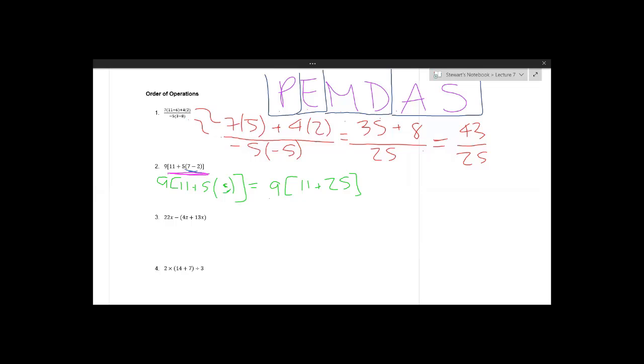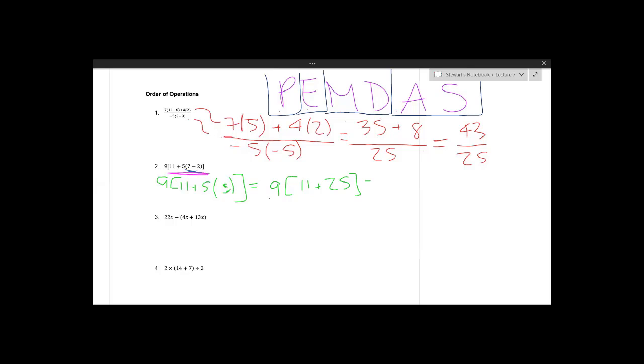We're evaluating what's inside parentheses before we multiply it to the 9. But also, if you have an expression like we do inside the outside parentheses, you still have to apply the order of operations even inside there.